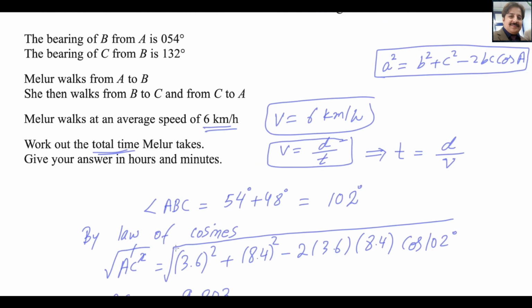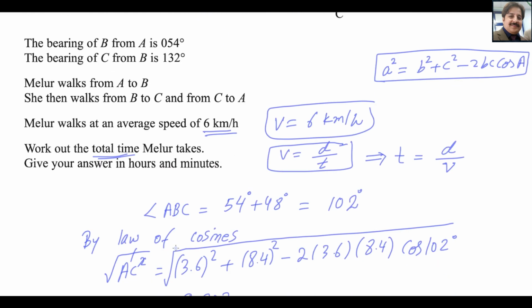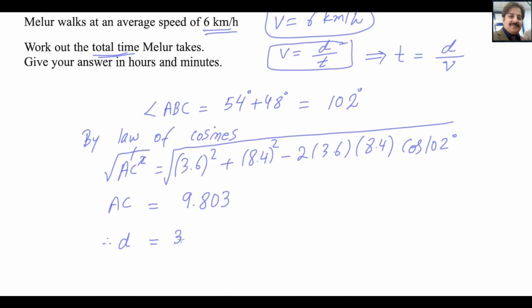Add all these sides now: 3.6 plus 8.4 plus 9.803, and the total distance is equal to 21.803 kilometers.